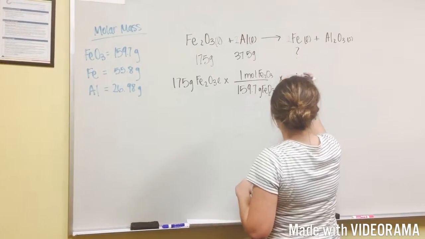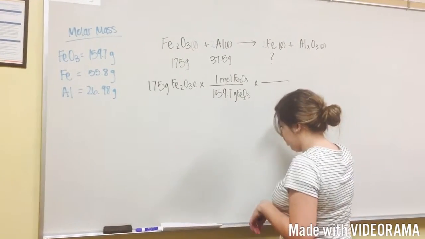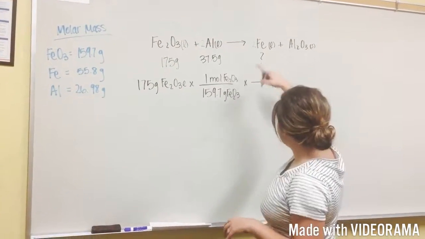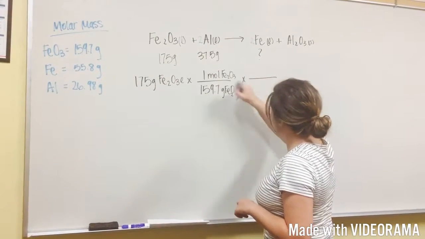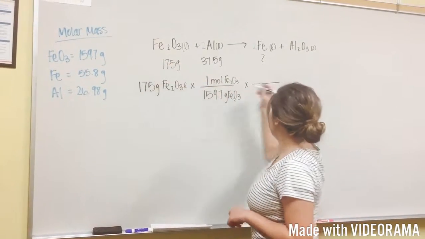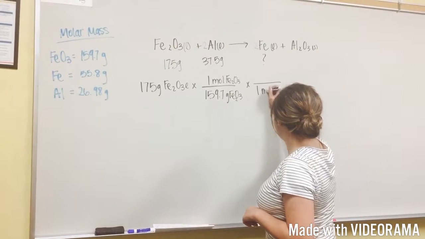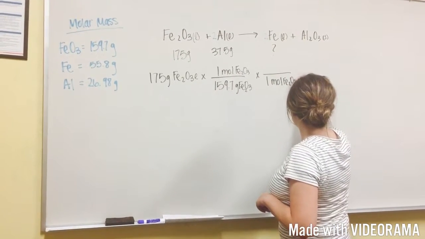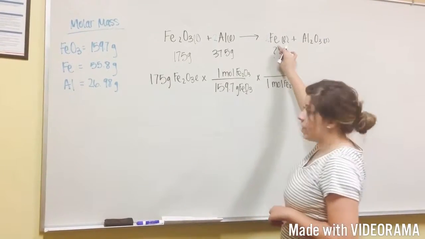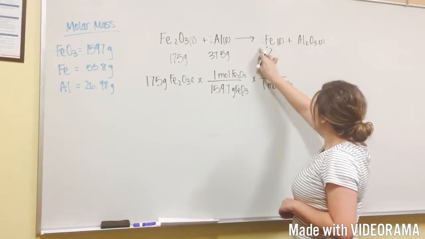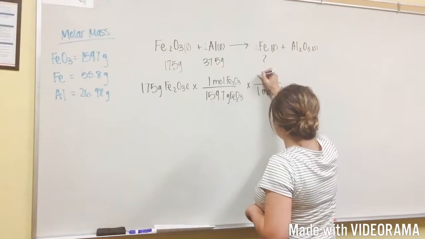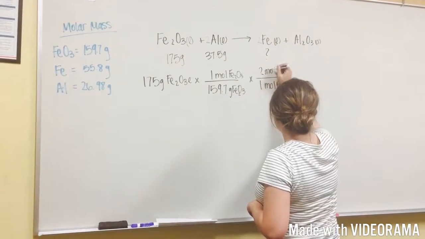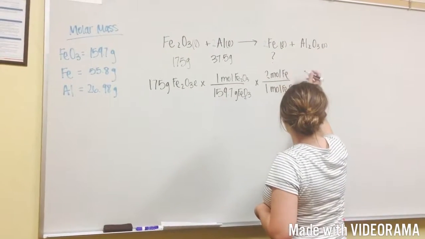And then we'll multiply that by the molar ratio. So we see here that there is 1, that's the coefficient there, so 1 mole of Fe2O3. And we want to find iron, so we do 2 there for the coefficient of iron.